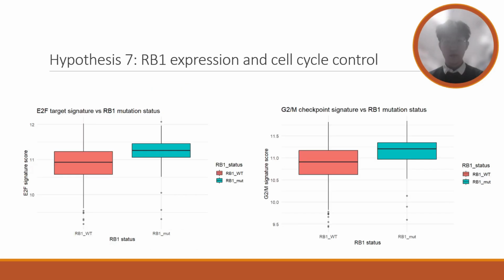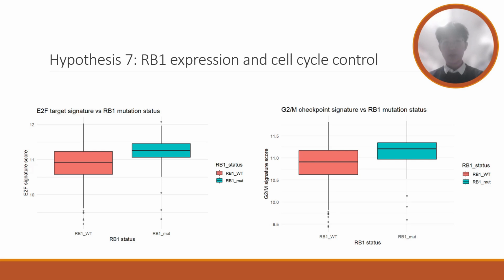For hypothesis 7, we hypothesized that patients with RB1 mutations will show higher expression of cell cycle genes, particularly E2F targets and G2M checkpoint regulators. To test this, we classified patients as RB1 mutated or wild type and computed E2F and G2M signature scores from hallmark gene sets using VST normalized RNA-seq data.